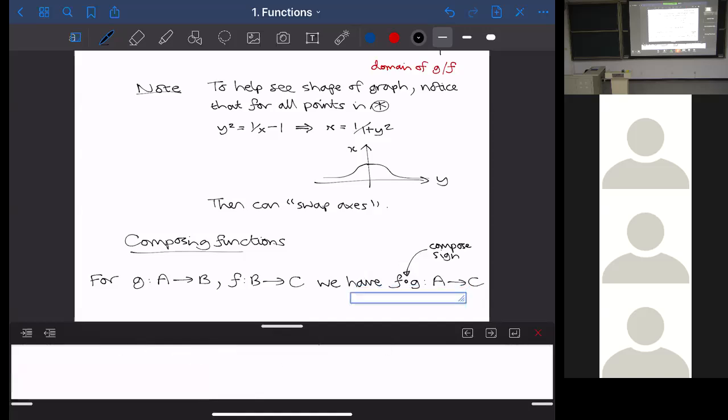How to say this? I'll sometimes say g, then f.